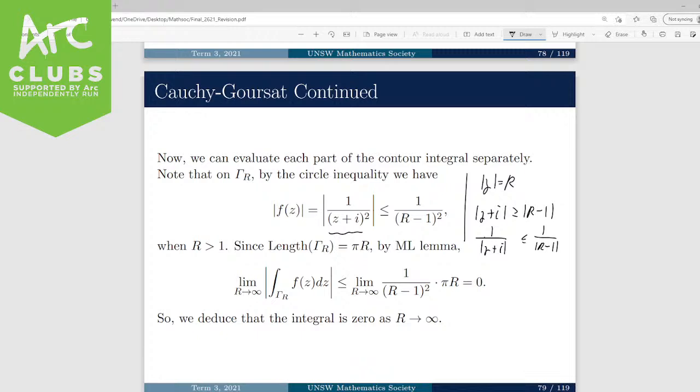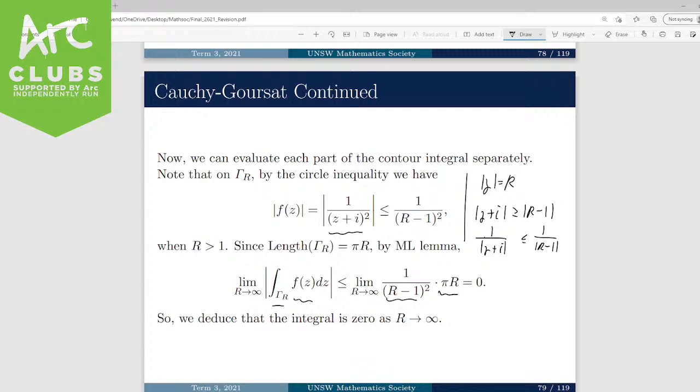Now, the length of your contour there is just a semicircle, so pi r. So by the ML lemma, you have the length multiplied by that maximizer, which again you found via either circle or triangle inequality. That's just how the ML lemma pans out. You know what the modulus of your f over the gamma r contour is, you know what its max is.